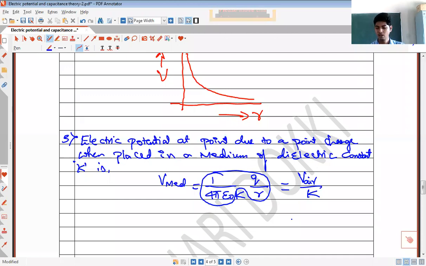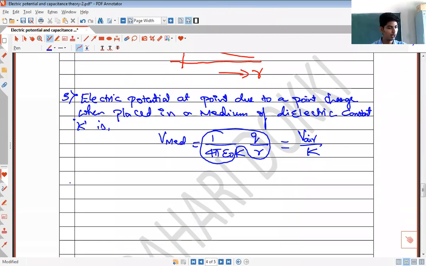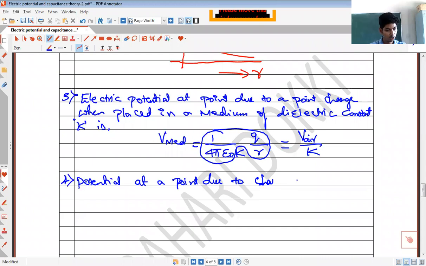So generally we write the potential at a point due to a positive point charge plus Q, we write it as V is equal to 1 by 4 pi epsilon naught Q by R.